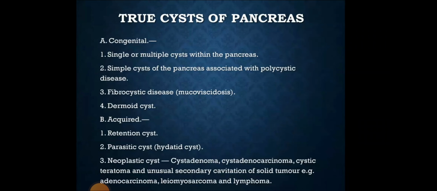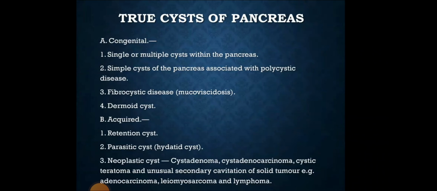Then it is neoplastic cyst. Neoplastic cyst, that is the cyst from cystadenoma, or it will be lying in the adenomatous mass. In that condition, excision is preferred, and there will be a narrow attachment to the pancreas. So the excision will be easy also. So the suggested treatment is excision only in case of neoplastic cyst.